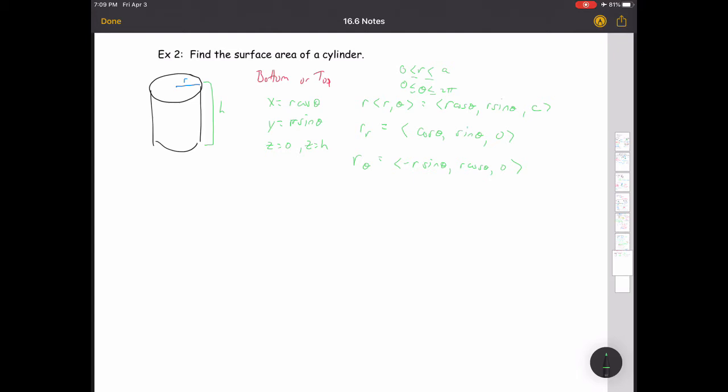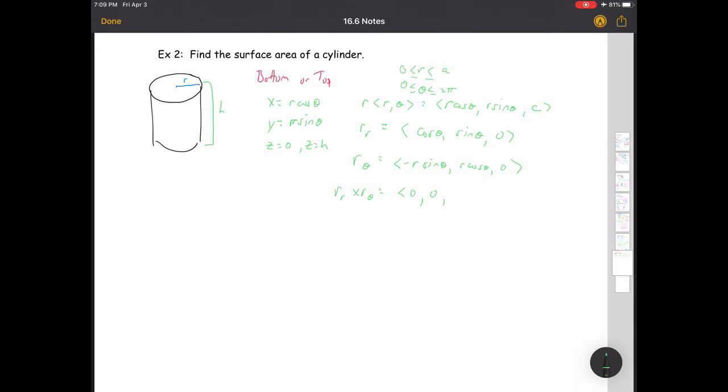So if we take the cross product, this one is actually quite nice. If I eliminate the i row and column, I get 0 minus 0. Well, that's 0. If I eliminate the j row and column, I get 0 minus 0. That's still 0. So really the only thing that gives us anything is the k part.